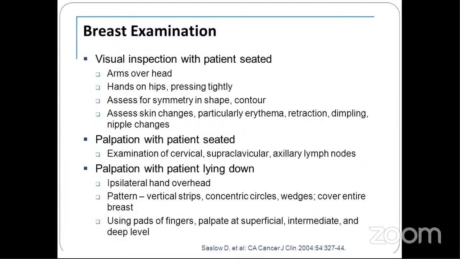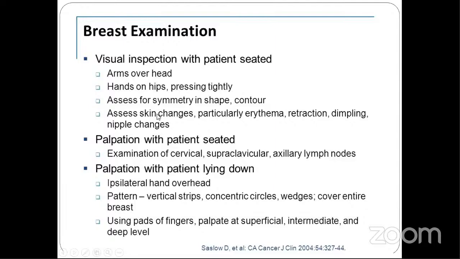Now we'll go for the first part of examination, inspection. This is visual inspection. The patient is seated, not supine, with arms overhead, and then hands on hips, pressing tightly. What will we assess?